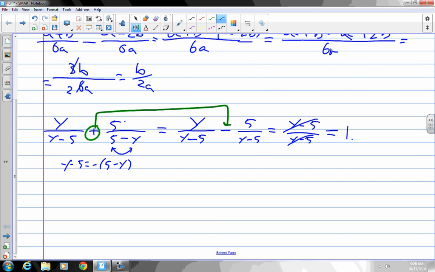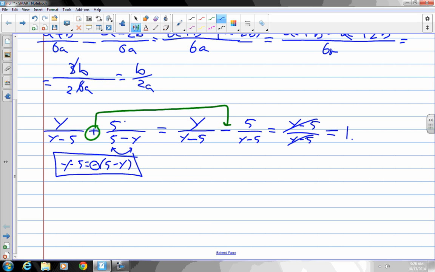Any questions on this one? Oh, I'm not changing anything yet. I want to see if you have questions. Yeah, so this is the rule. Every time you flip the order of subtraction, the sign changes.